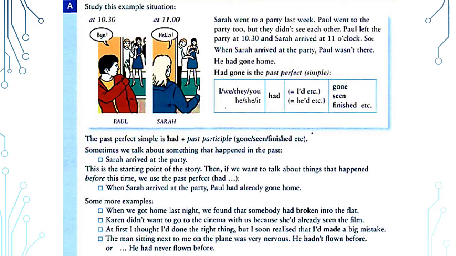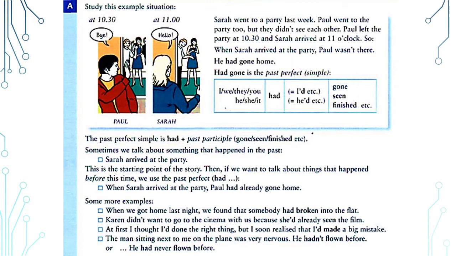Paul left the party at 10:30 and Sarah arrived at 11 o'clock. So when Sarah arrived at the party, Paul wasn't there. He had gone home. He had left the party. Had gone is the past perfect. So we have had gone, the past perfect simple.